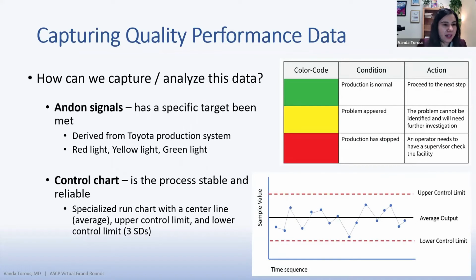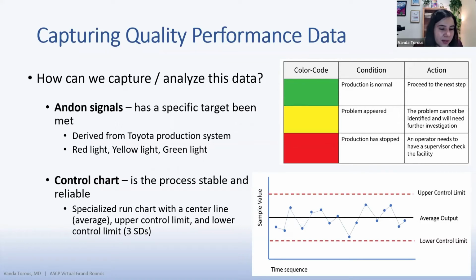So, some ways that we can visualize this: we have both andon signals as well as control charts. Andon signals are from the Japanese term meaning light or lamp, and I really like this term because of the meaning too. It was created by the Toyota production system in the 1940s.